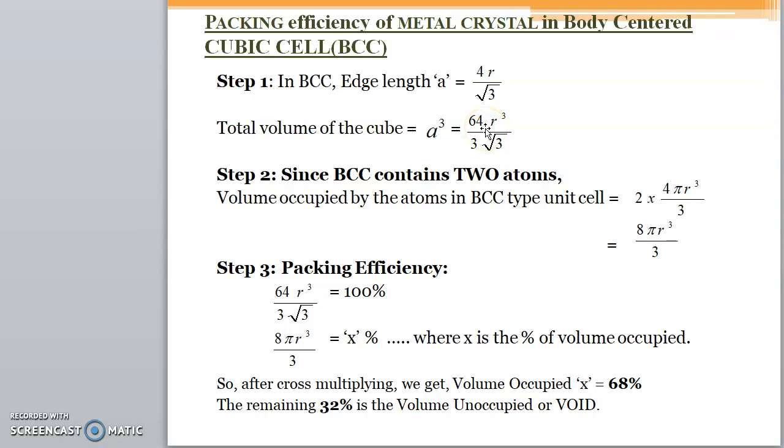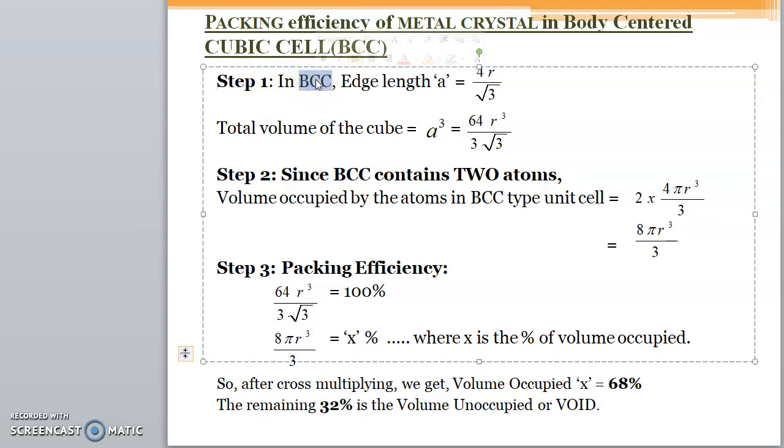Because the edge length also needs to account for the atom at the center. Remember, in BCC there is an atom inside the body. That's why the edge length considers the radius of that sphere also. That's why edge length a becomes 4r upon root 3.